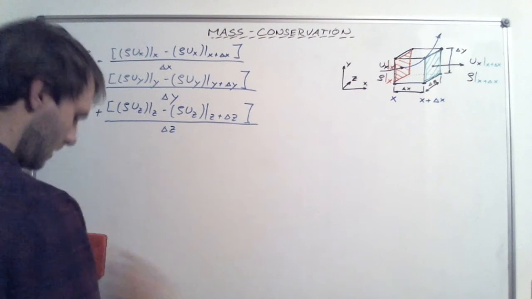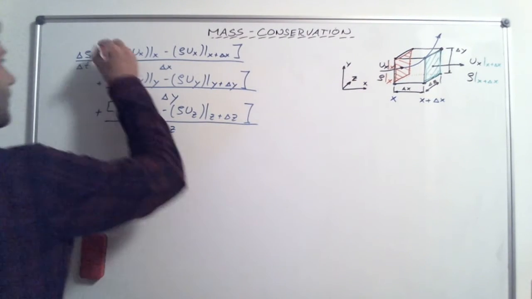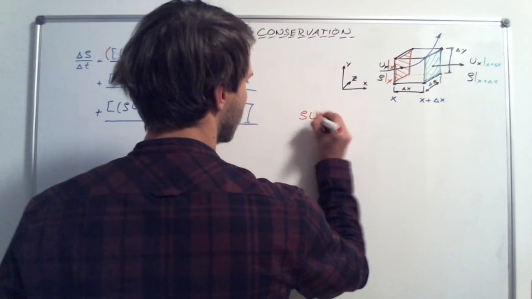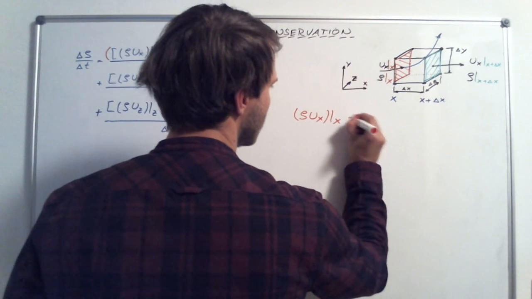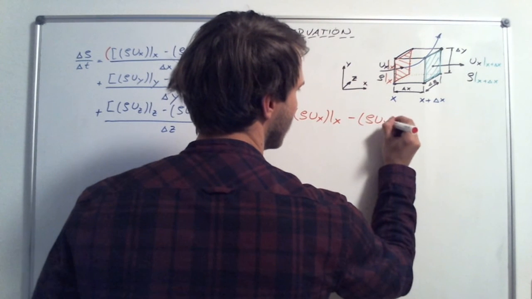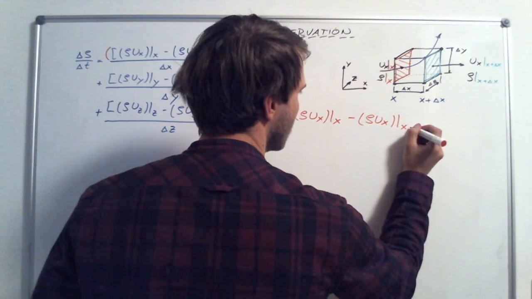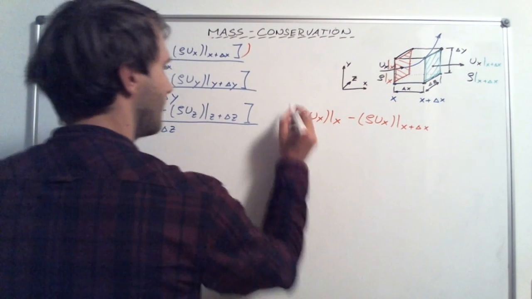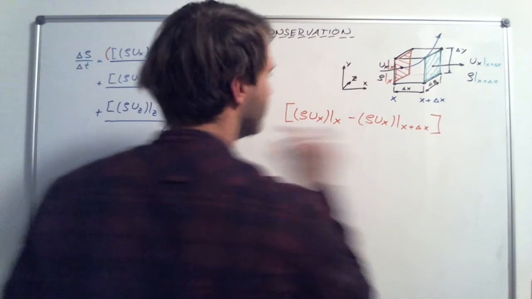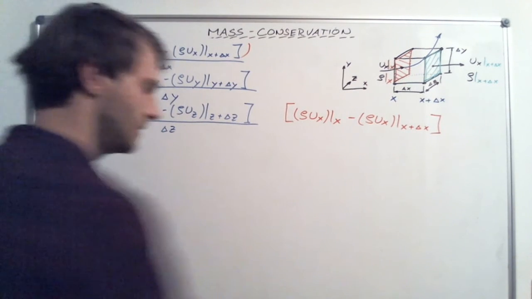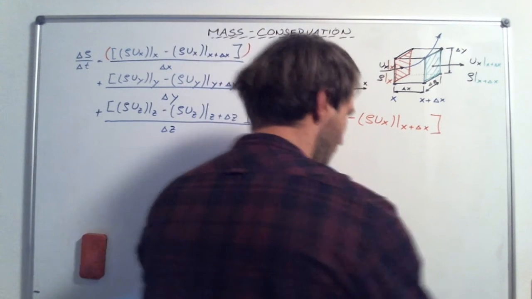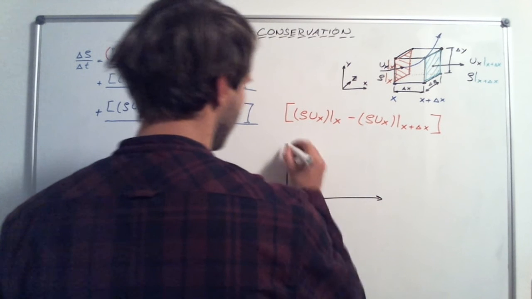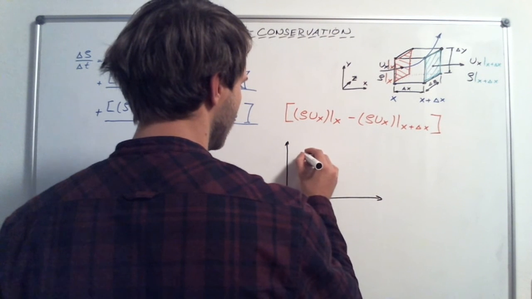So the next thing I will talk about is this term here on top. I will rewrite it: density ux at position x minus density ux at the position x plus delta x. We also can make the brackets here, doesn't matter. So what is this representing? If I don't know what it represents, then I will always make some small draft that will really demonstrate what it will be.